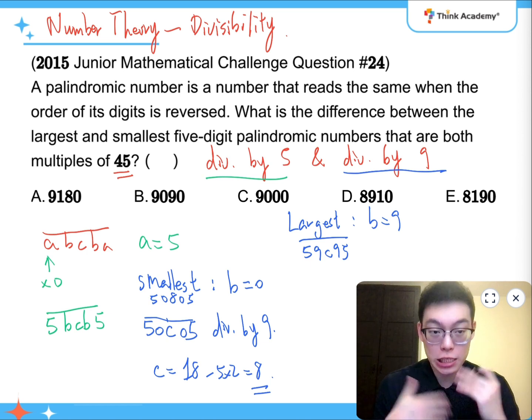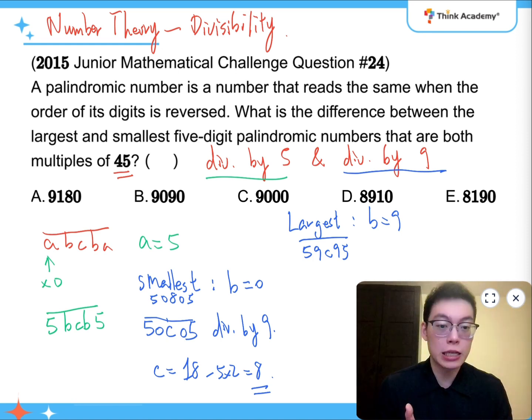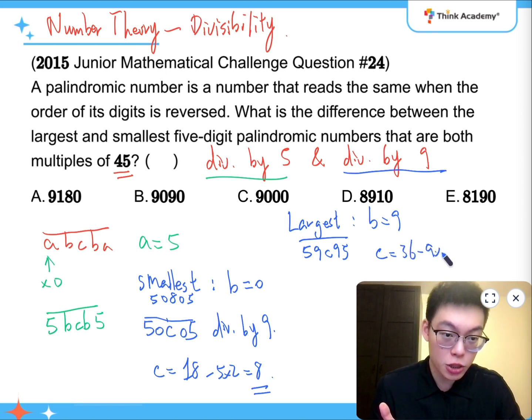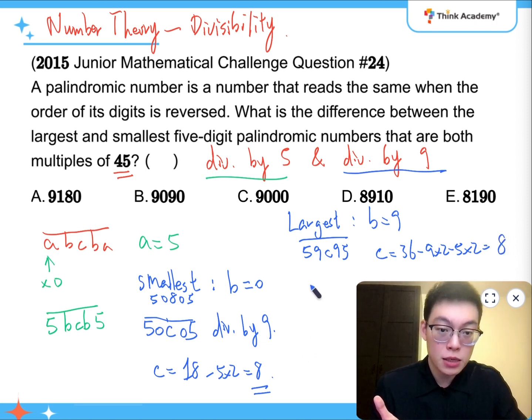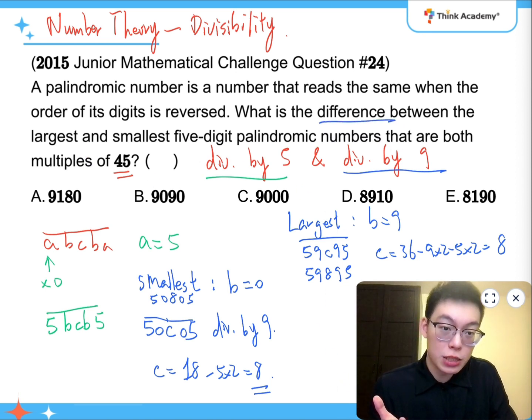What is the next multiple of 9 after 28? It is 36, right? Which means that I need to add 8 more. Which means that again, C is 36, take away 9 times 2, take away 5 times 2, which is 8. So this answer is 59895.